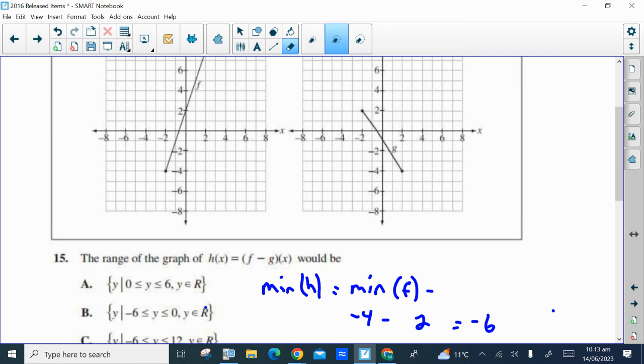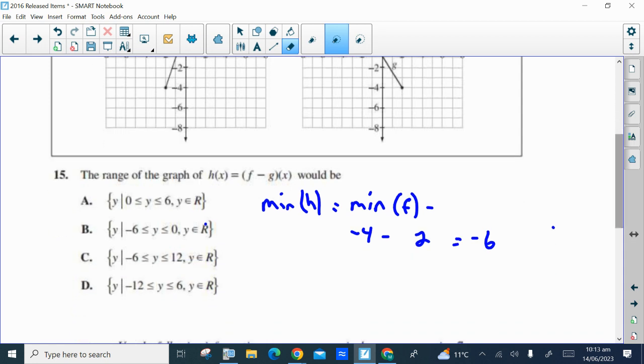So you've got to look at what the values are in g and then decide which one is going to give you the smallest value. If you subtract -4, -4 take away -4 will actually be 0 because the minus minus will become a plus positive.